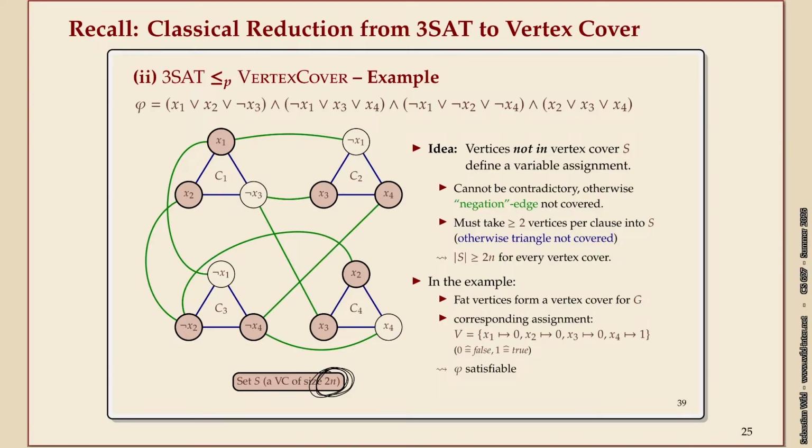These reductions tend not to give us this kind of bound. Like in this example of vertex cover, the size of the vertex cover, specifically the parameter for the vertex cover instance we generate, depends on the size of the formula, the entire length, and not just the number of variables, at least not in a natural way. And it seems tricky to come up with better reductions in general.